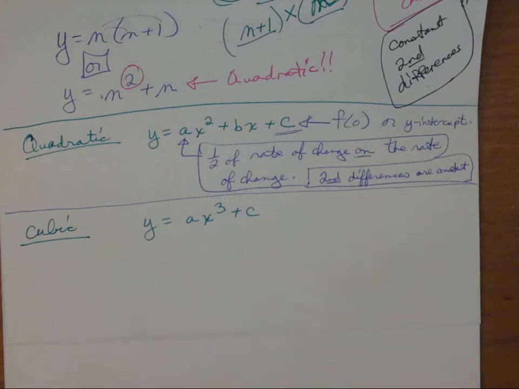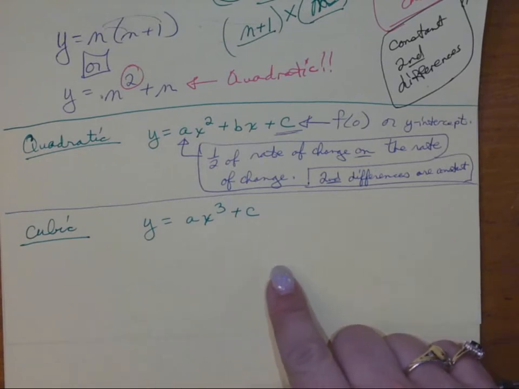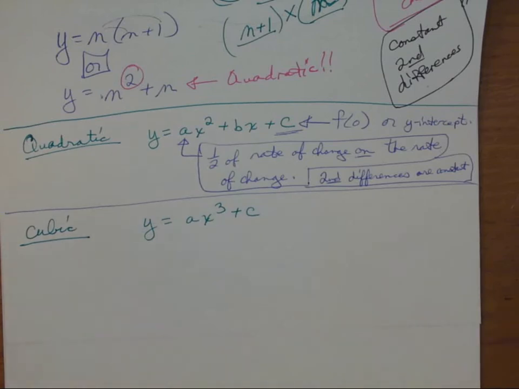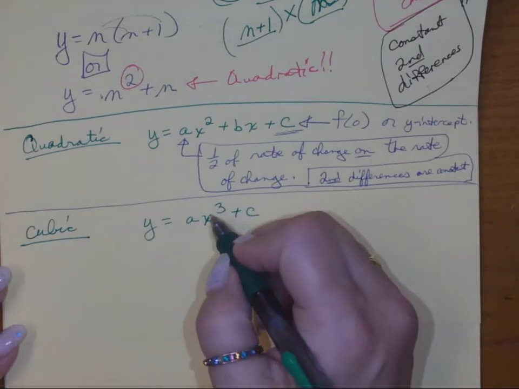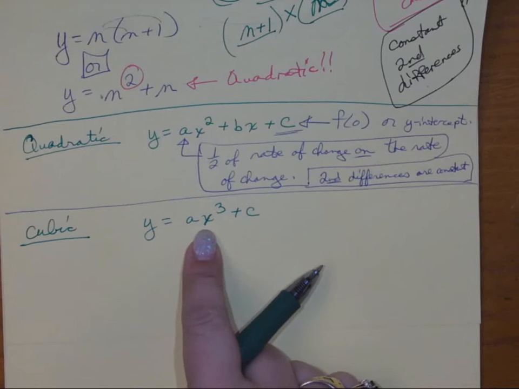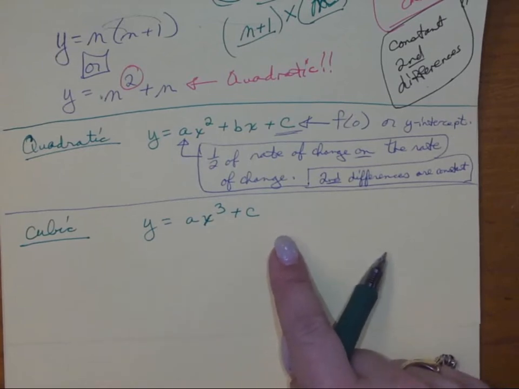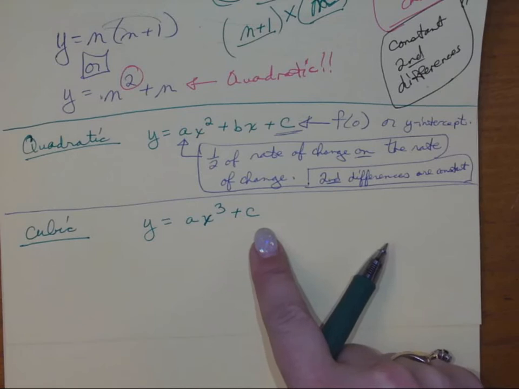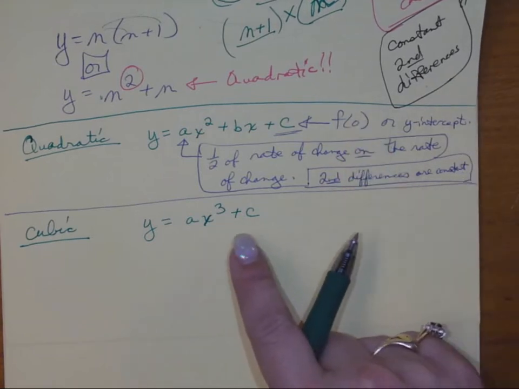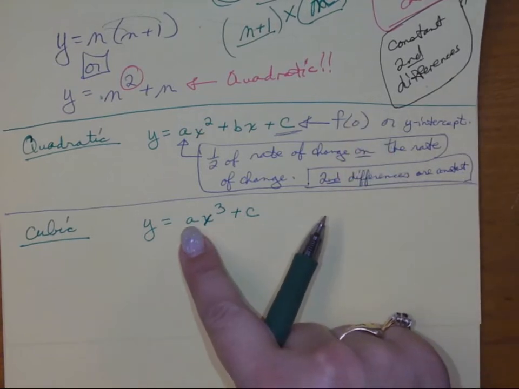We all know a cubic could be ax cubed plus bx squared plus cx plus d, but I'm not going to do that. I'm going to give you some kind of ax cubed plus a c, and the c will be your constant, and that will be the f of 0 just like up here. And then it'll be up to you to play with that a value and see if you can come up with something, or to use your calculator.